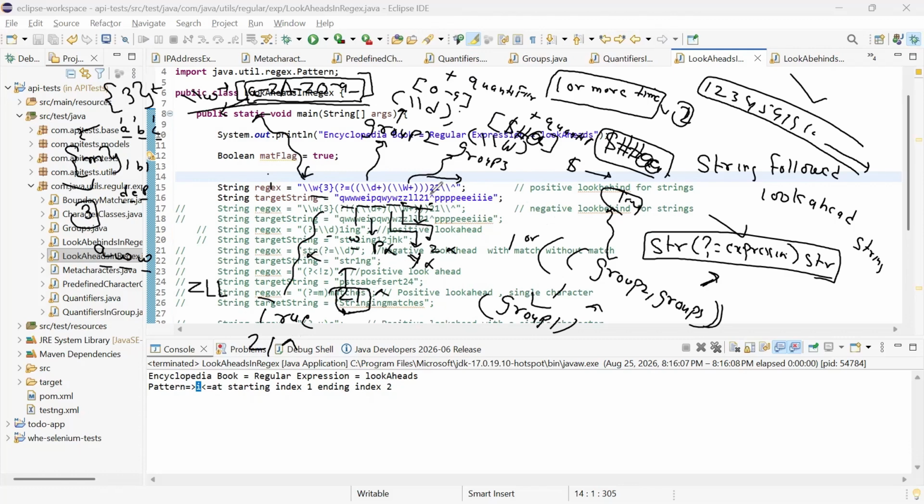So here we have 2, and the starting index from where this condition has turned to true. This index is 2. So 2 is matching 2 and 1 is matching 1 and caret is matching caret. So it will extract ZLL 21 caret.